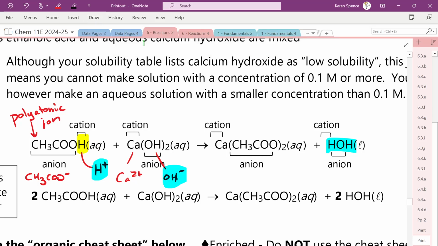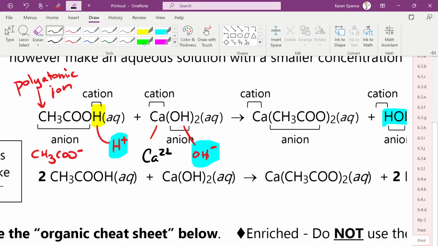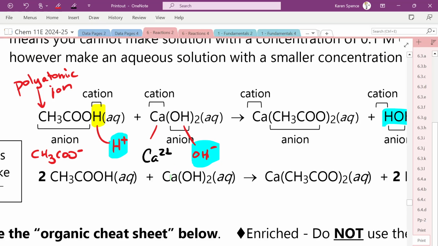And you're going to combine your positive from the second compound. Whoa, what just happened? I erased it by accident. Ca2 plus, excuse me, is going to combine with the negative ion from the other compound.